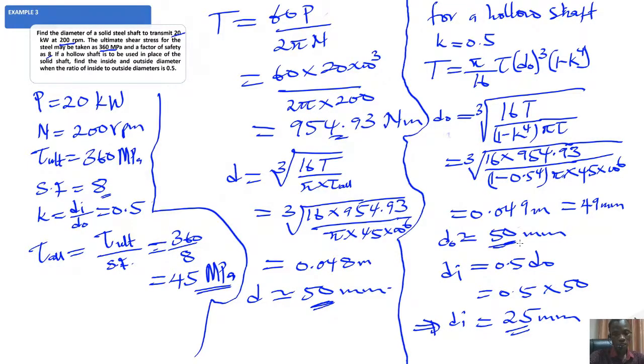Are you getting it? So the hollow shaft is stronger in this particular application. All right, thank you very much. See you later.